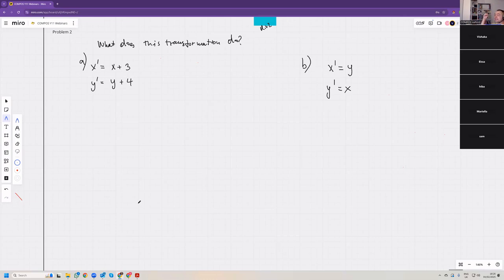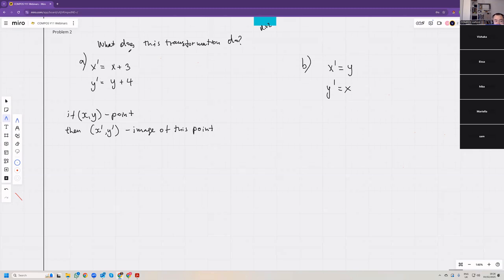We say it creates an image. It takes the original shape and makes an image. So if (x, y) is a point, then (x dash, y dash) is the image of this point. And this is just the rule.